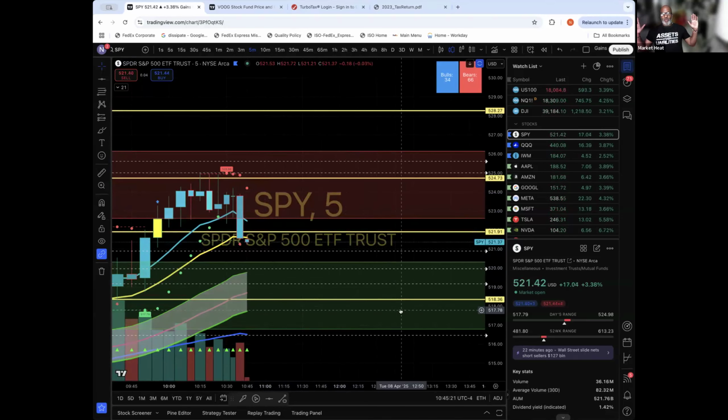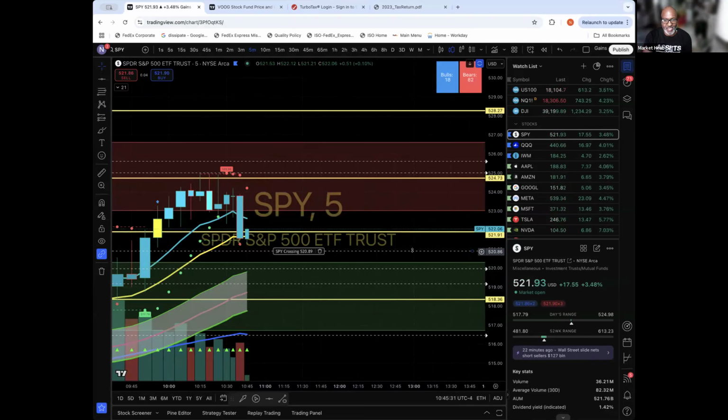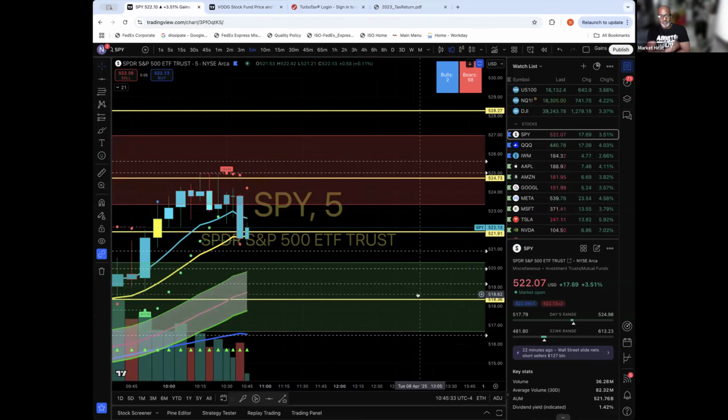We're not even thinking. I don't care what's happening in the world. SPY is going to hit 520.89. And how do I know this? It's because the candles spend all day bouncing in between support and resistance.